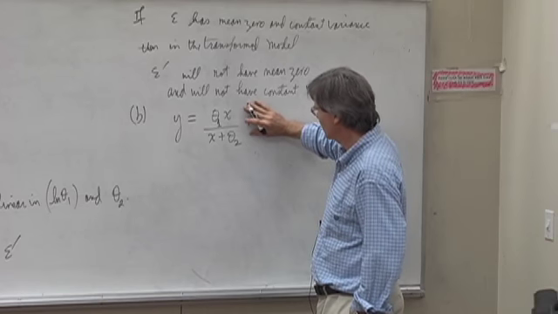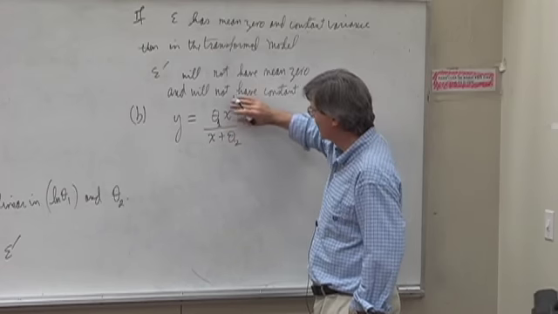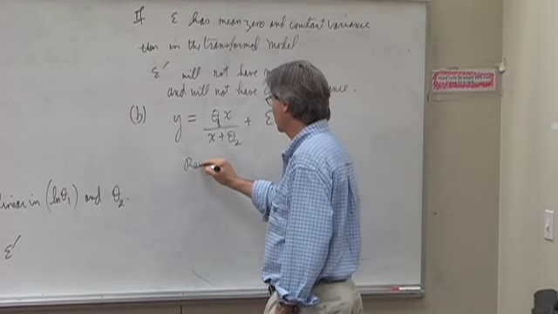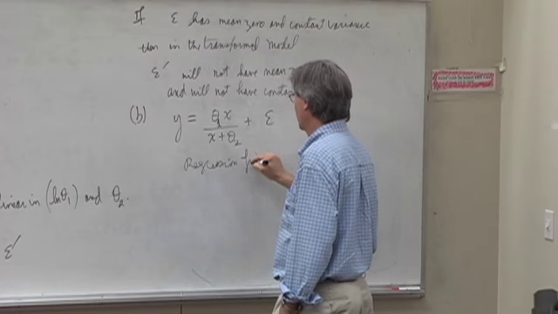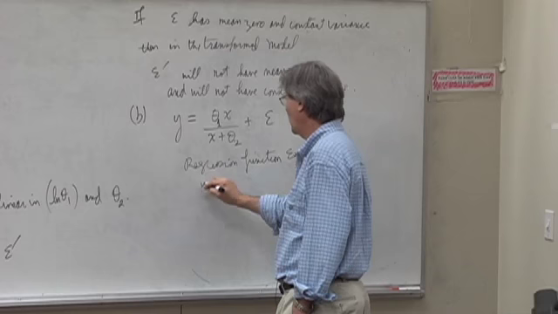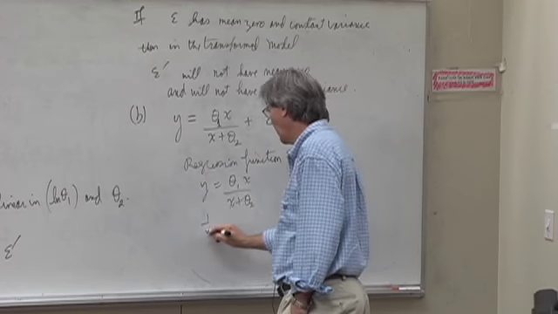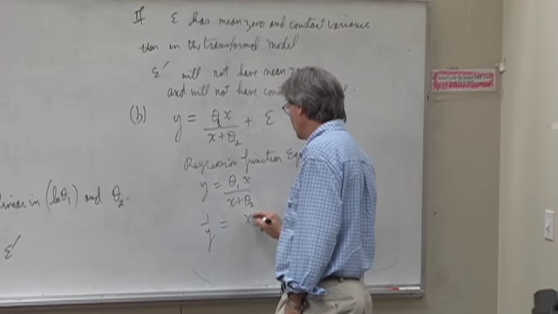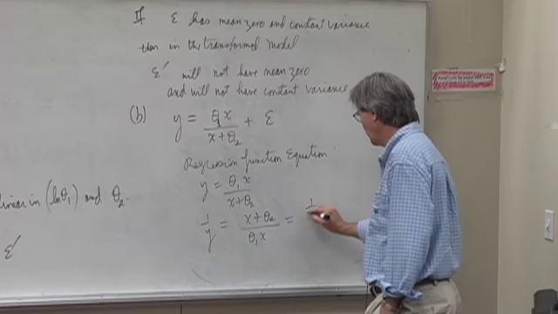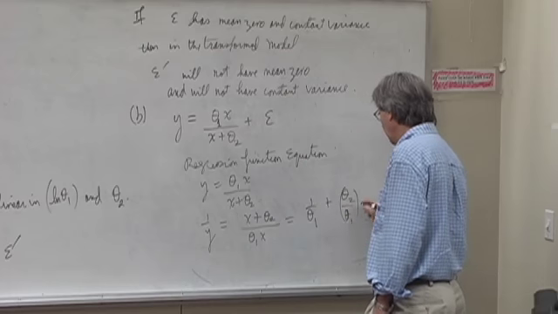What you can do is use the fact that you can't divide easily by a sum, but you can divide by a monomial termwise, right? So you're going to flip this. The regression function equation is now y equals theta 1 x over x plus theta 2. Now flip it, and you get 1 over y equals (x plus theta 2) over theta 1 x, which I can divide through: 1 over theta 1 plus theta 2 over theta 1 times 1 over x.